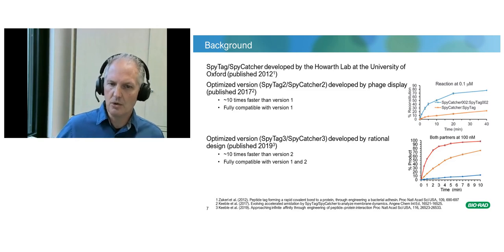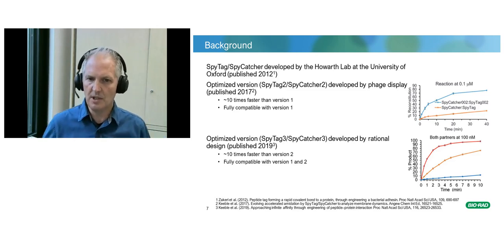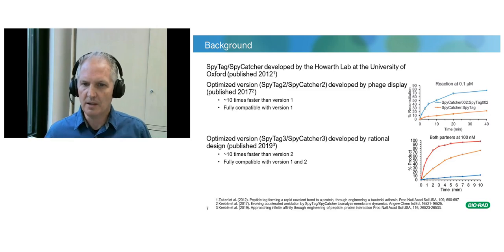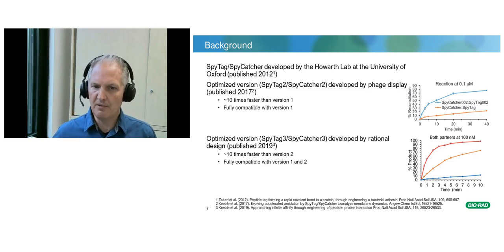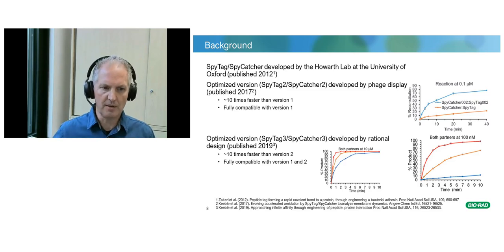So at low concentrations, as shown here in these diagrams, you see a very big effect. But if you switch to higher concentrations, as we usually do it for our antibodies, then the difference between these version 2 and 3 is actually quite minor.